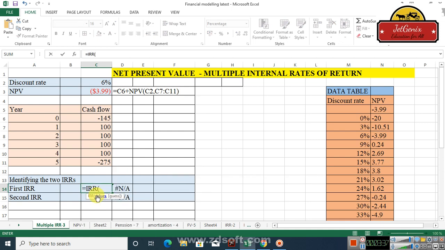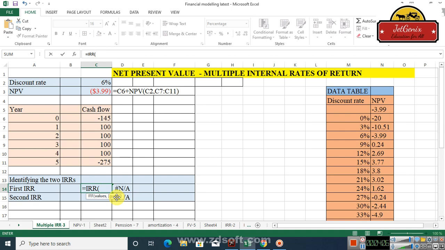Double click on the IRR, and you see we have to provide the values. For the guess value for the lower IRR we have to write 0.1, and if we write 0.5, it will give us the second IRR.